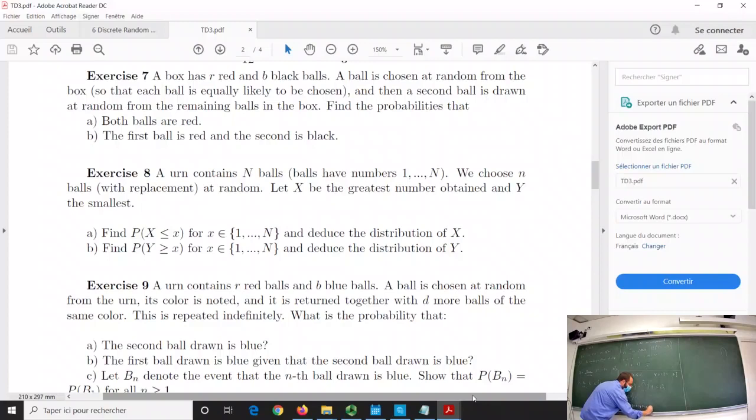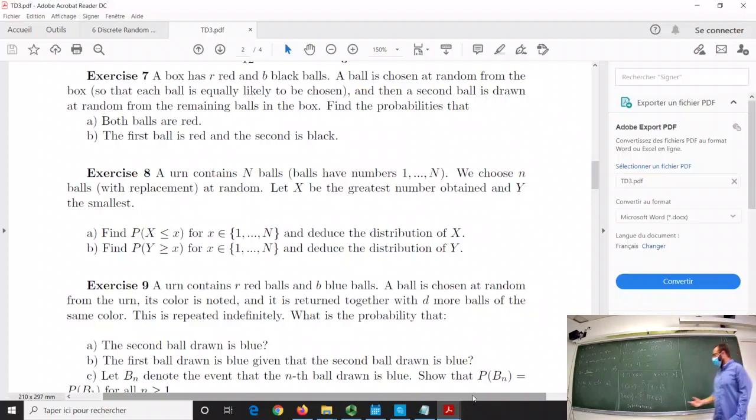I can write it with the product symbol, capital pi from i equal to 1 to n, which is the same as the sum symbol, but for products.